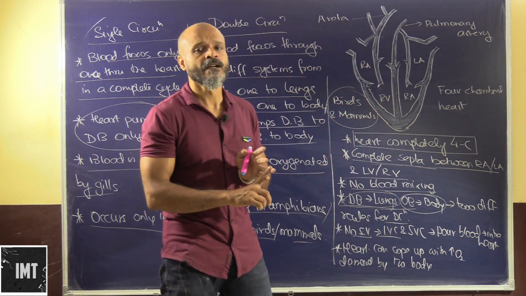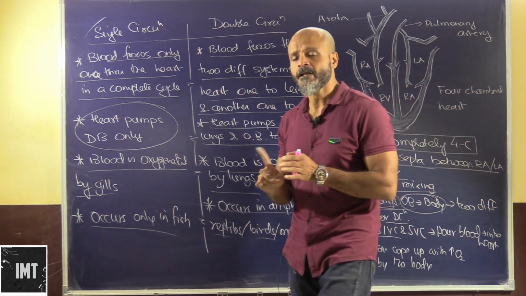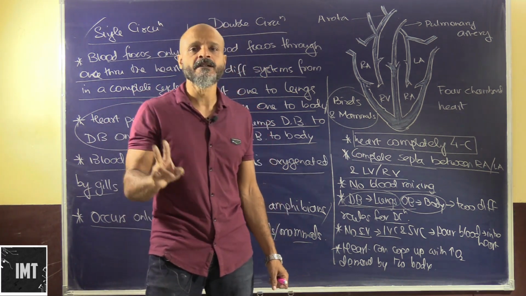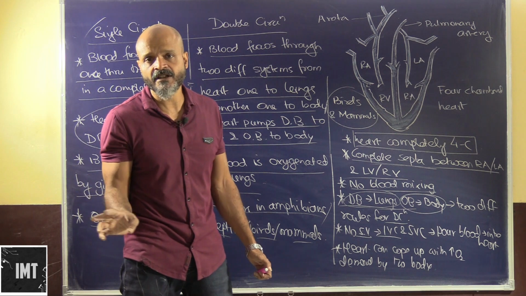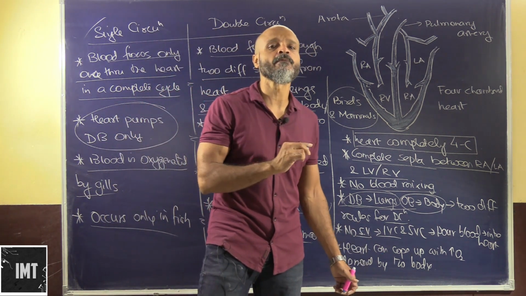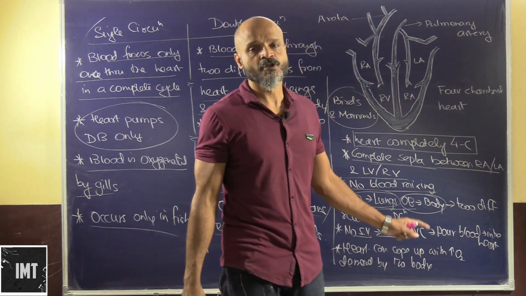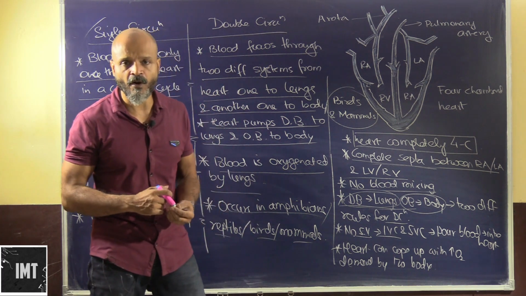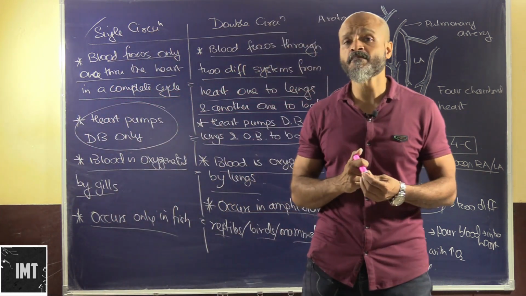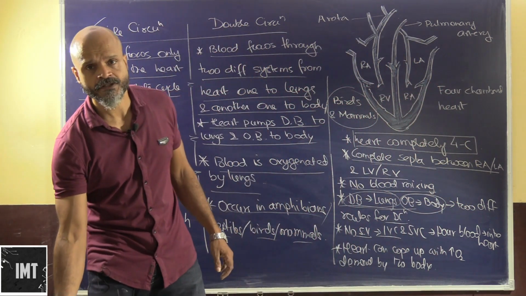In amphibians and reptiles, it was mixed blood which was getting pumped, but in birds and mammals, it is pure oxygenated blood from the heart which is reaching the various parts of the body, and hence the heart can now cope with the increased oxygen demand posed by the body. So this is one of the most evolved forms of heart, because here the purpose of the heart is to supply absolutely oxygen-rich blood to all the various organs of the body.